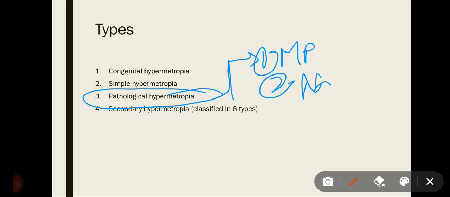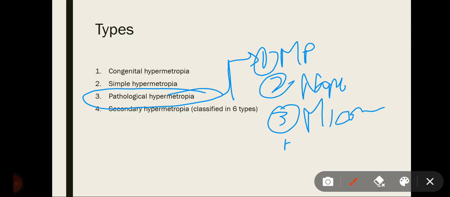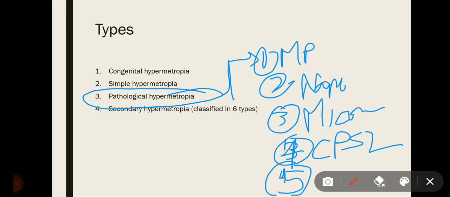Next is nanophthalmos. Third one is microcornea. Fourth one is congenital posterior subluxation of lens, and fifth one is congenital aphakia.